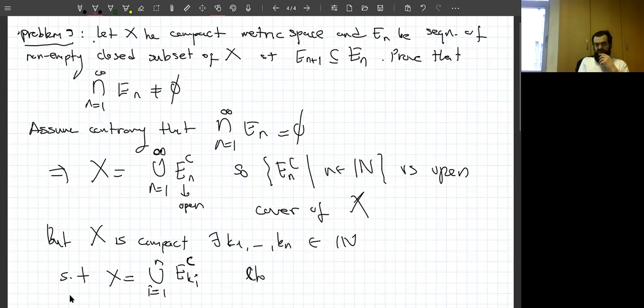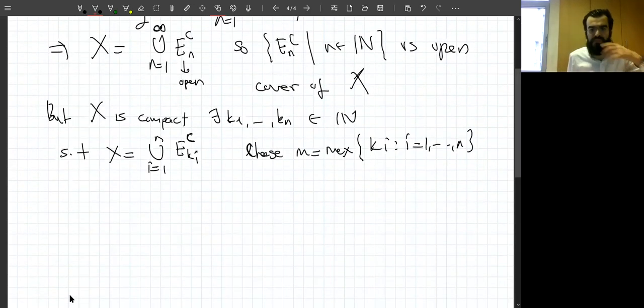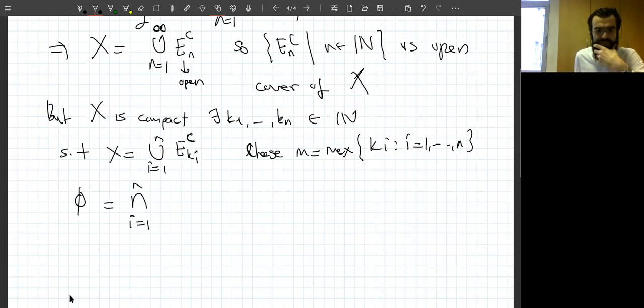Let's choose some m, say, the maximum of k_i, i equals 1 to N. So again, take the complement of both sides, we will see this is the empty set, the intersection of E_{k_i}.